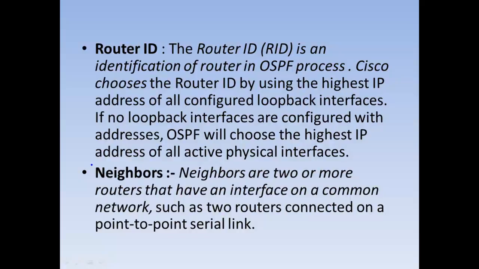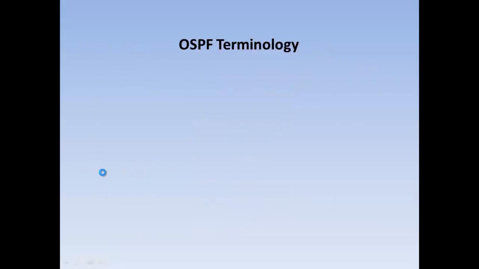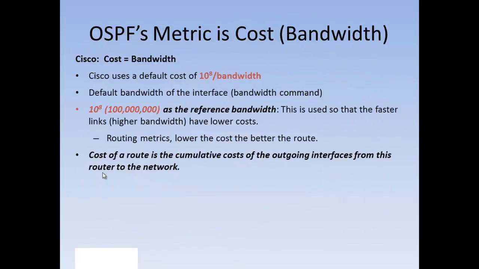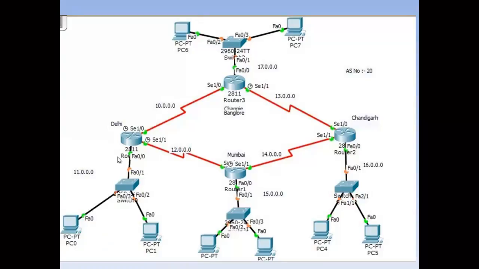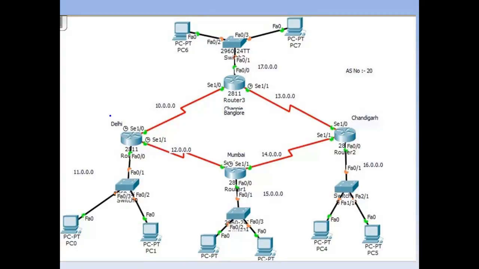Next is the neighbor. What are neighbors? Neighbors are two or more routers that have an interface on a common network, meaning connected by a point to point serial link. Again, come back to this. For this particular router, which one is the neighbor on the common interface?